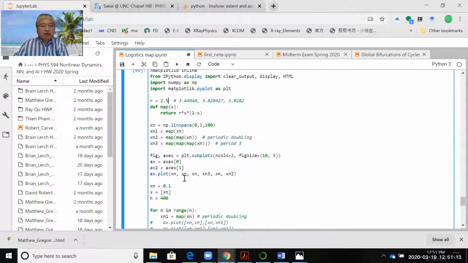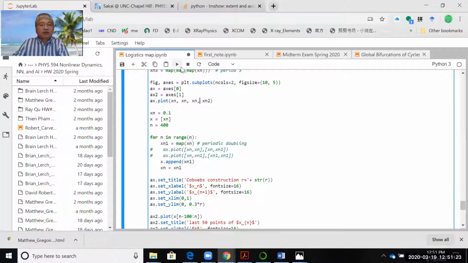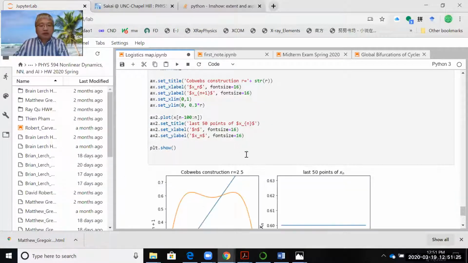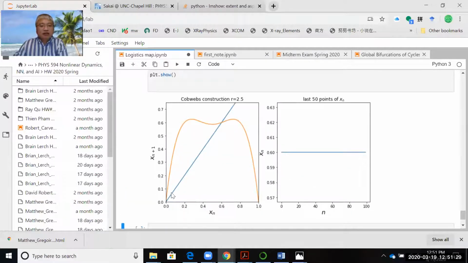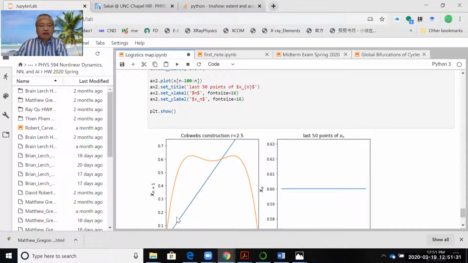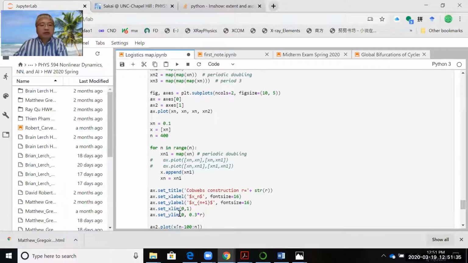So let me plot just xn2. Okay, let me run this. So where's the original map?